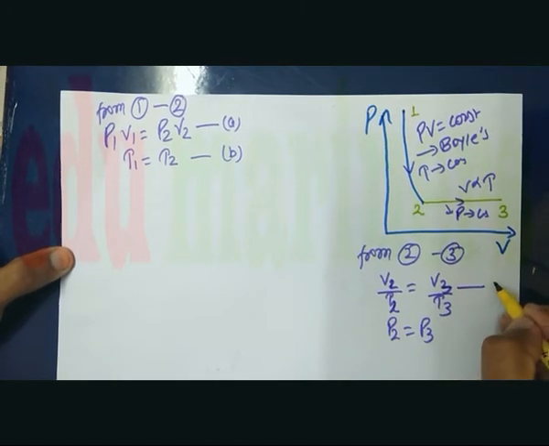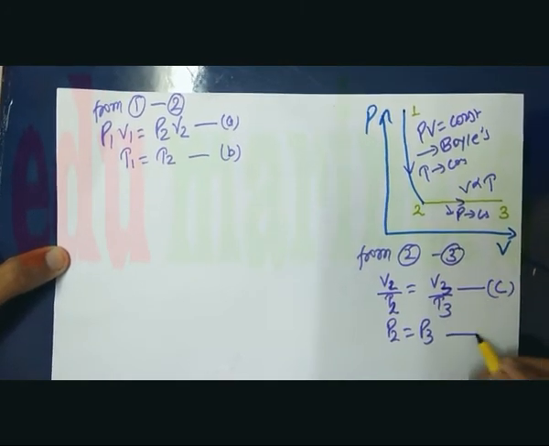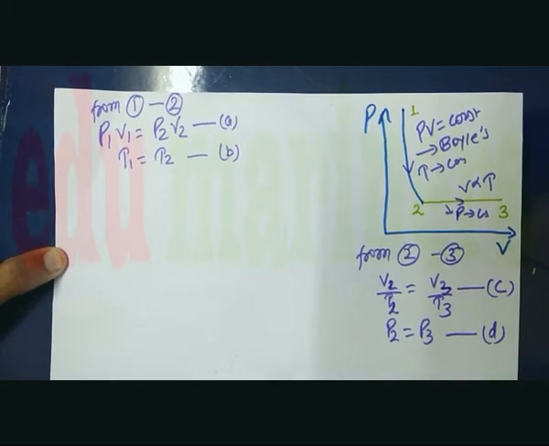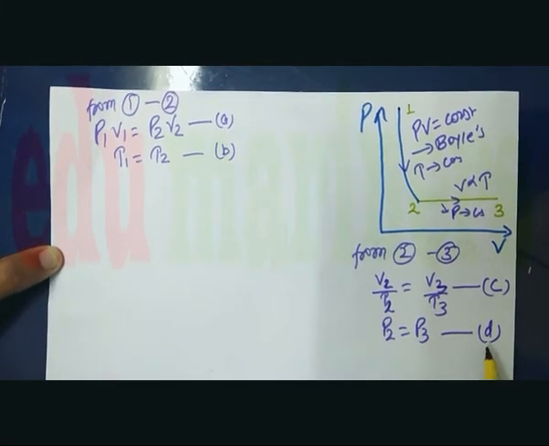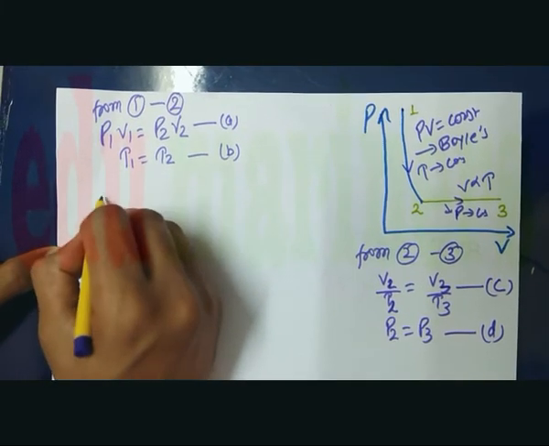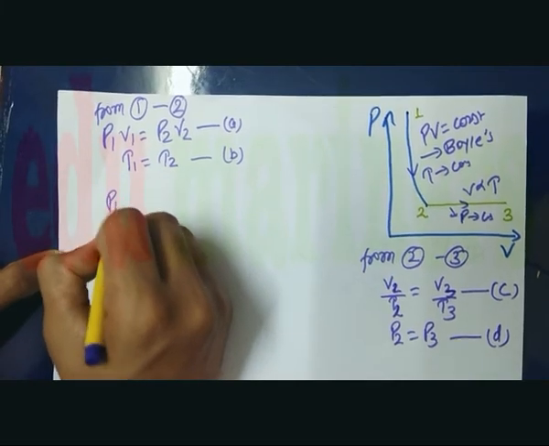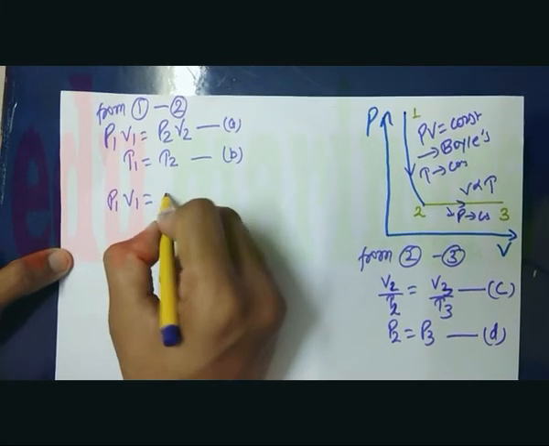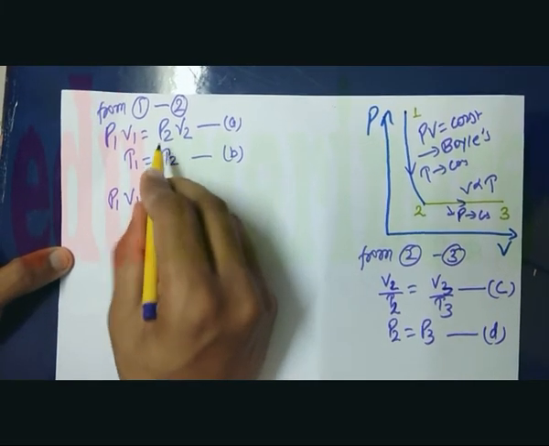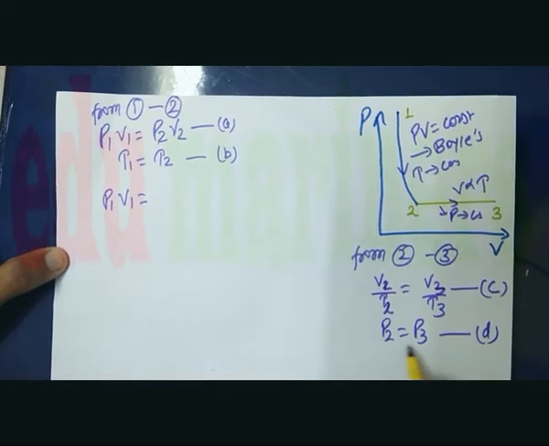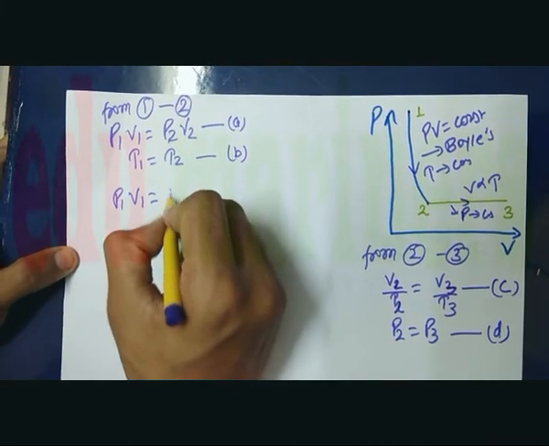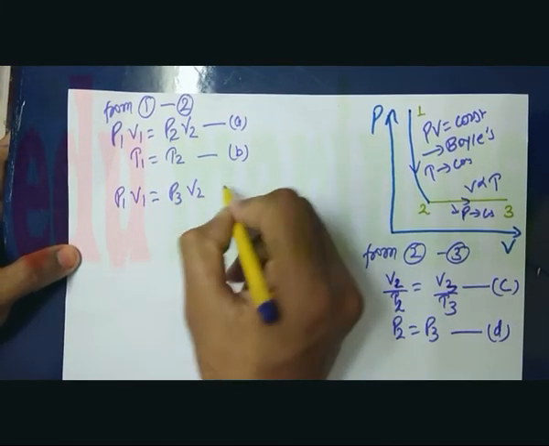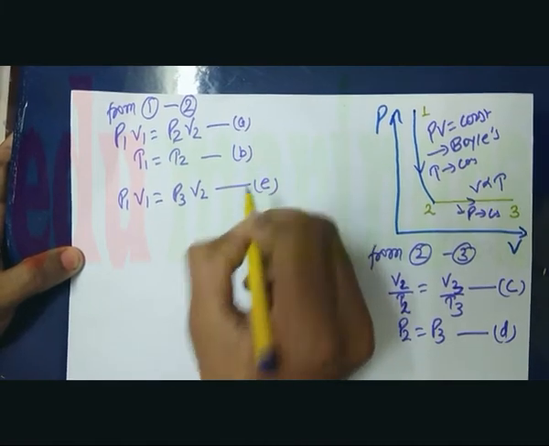Let this be equation C and this be equation D. From A and D, P1 V1 is equal to P2 V2, but we can replace this P2 with P3 because these two are equal. So P1 V1 is equal to P3 V2, and let this be equation E.